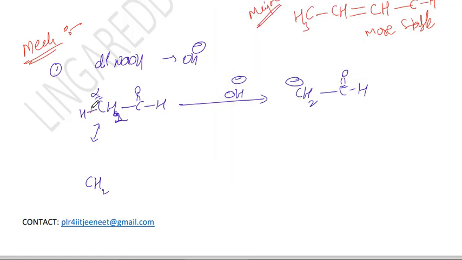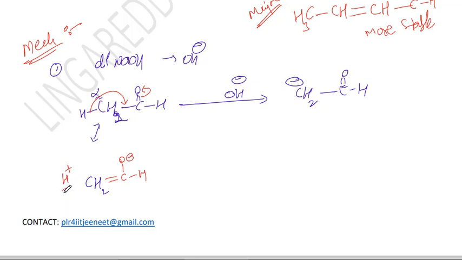This sigma bond is shifting here, this pi bond is shifting here. So here hydrogen is plus, then here double bond oxygen minus. Alpha hydrogens are involved in the hyperconjugation. See, this hydrogen is removed as H plus.